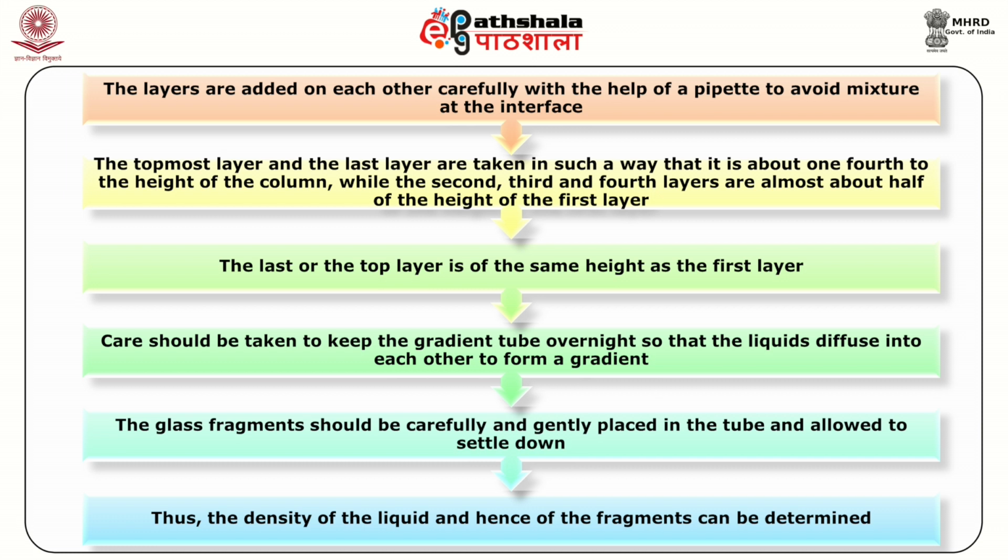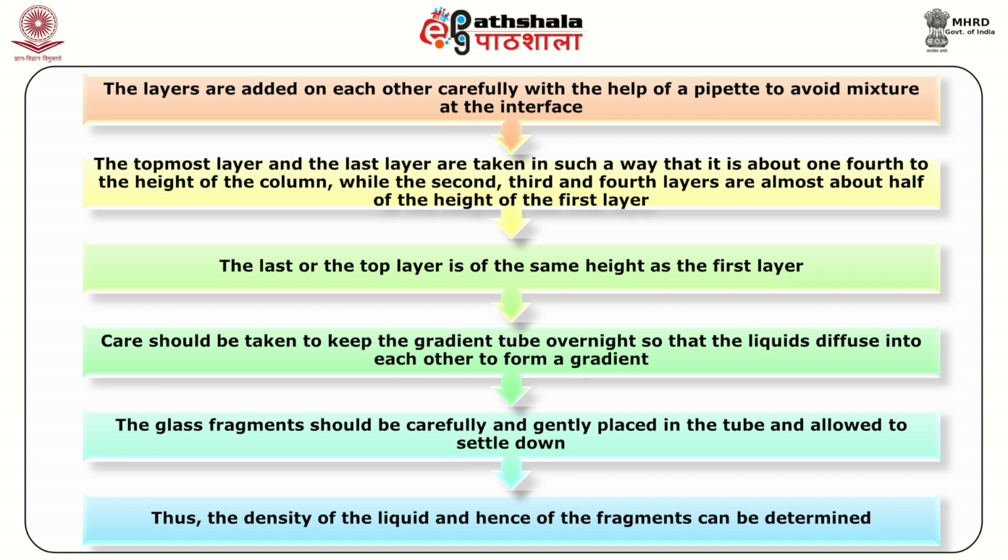The topmost layer and the first layer are taken in such a way that each is about 1/4 of the height of the column, while the second, third, and fourth layers are almost about half of the height of the first layer. The last or the top layer is of the same height as the first layer.